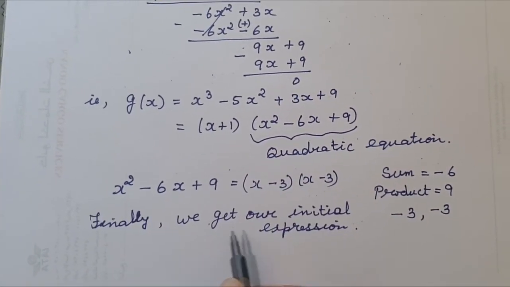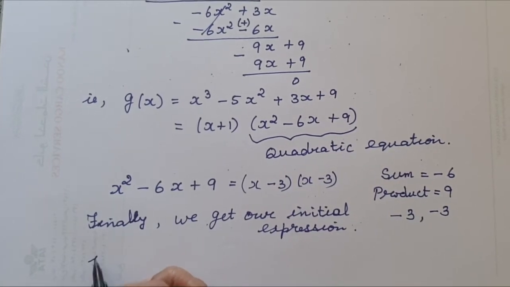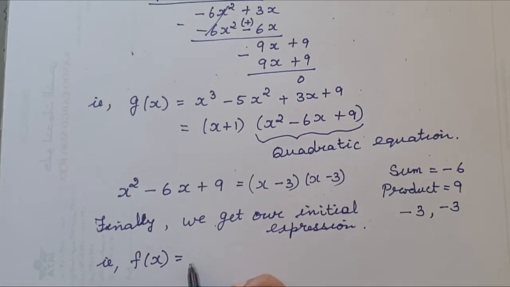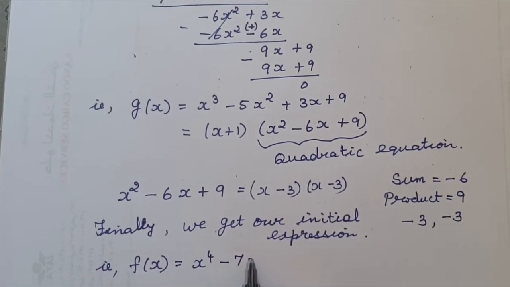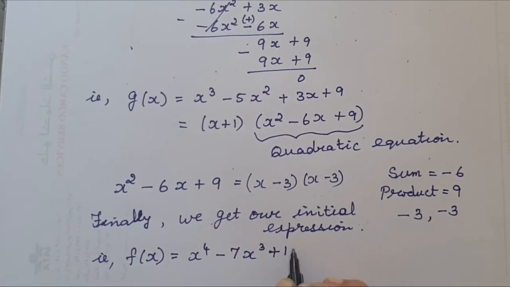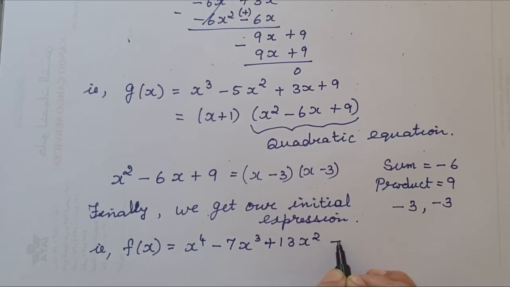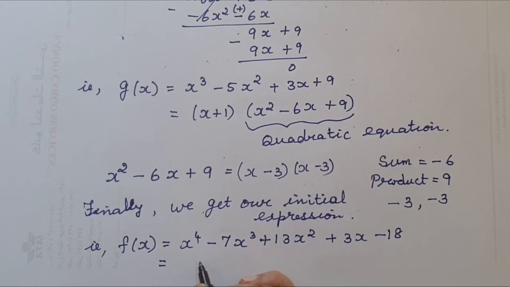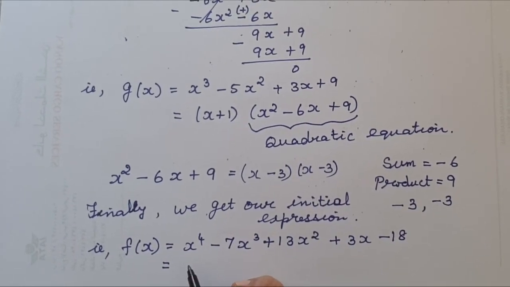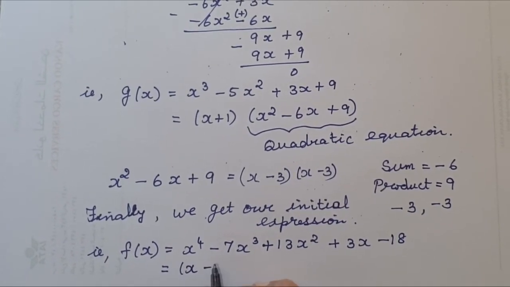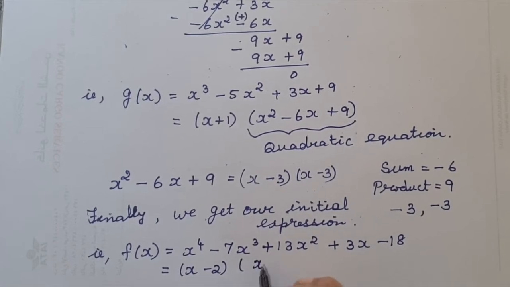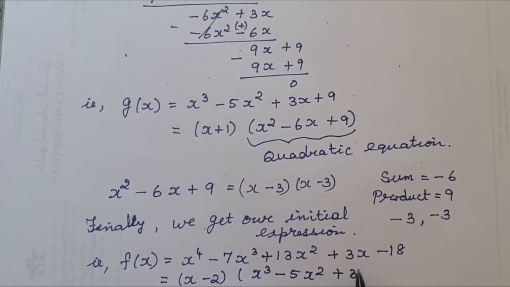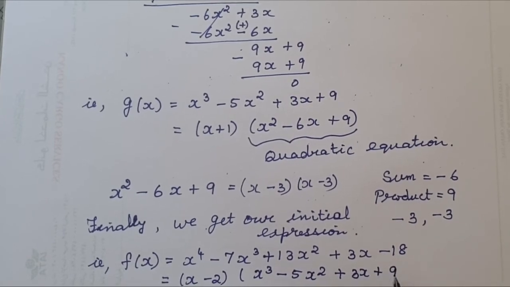Finally, we get our initial expression, that is f of x equal to x power 4 minus 7x cube plus 13x square plus 3x minus 18. This we split and wrote as x minus 2 into x cube minus 5x square plus 3x plus 9.